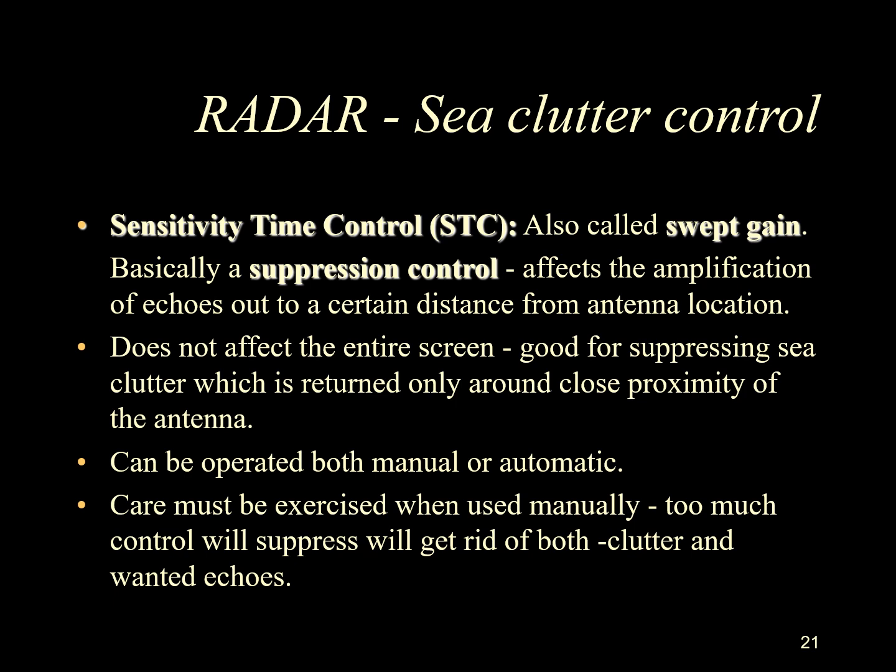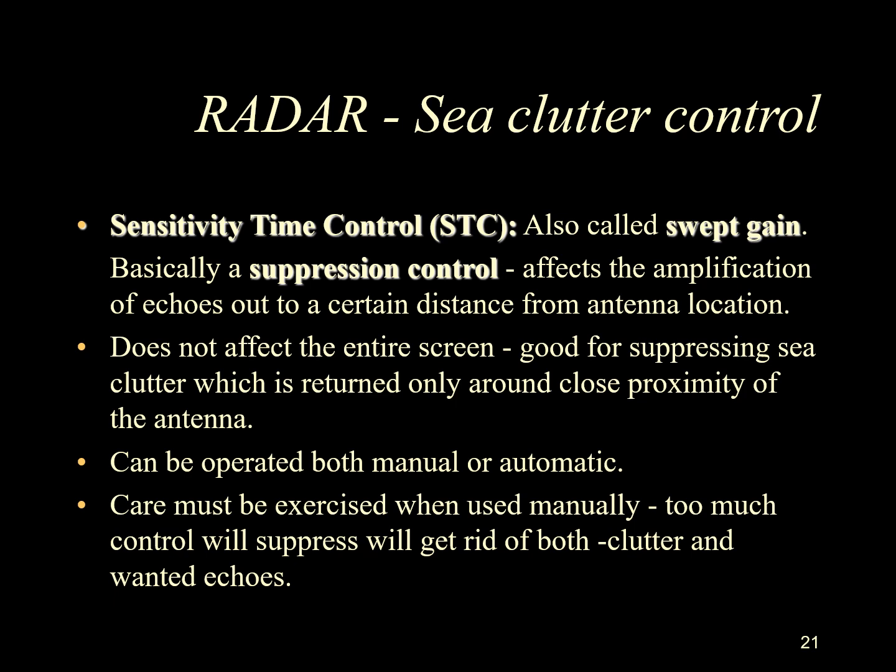The STC control, or swept gain, is a suppression control which affects the amplification of echoes out to a certain distance from the antenna location. It does not affect the entire screen, which is good, as the sea clutter return is only clustered around the area of the antenna.